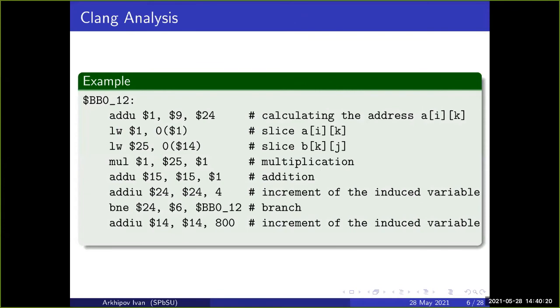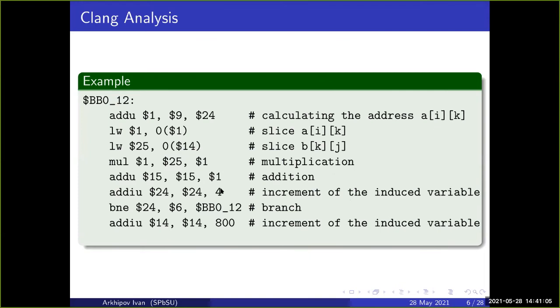of Clang. What we see here: first, a command calculating the address of A[i][k]. Then we take a value from memory for this and for this. Then multiplication and addition, and after this we increment the induction variable. An induction variable is a variable that is made before a loop body, so as not to slice an element from the array in the loop body.